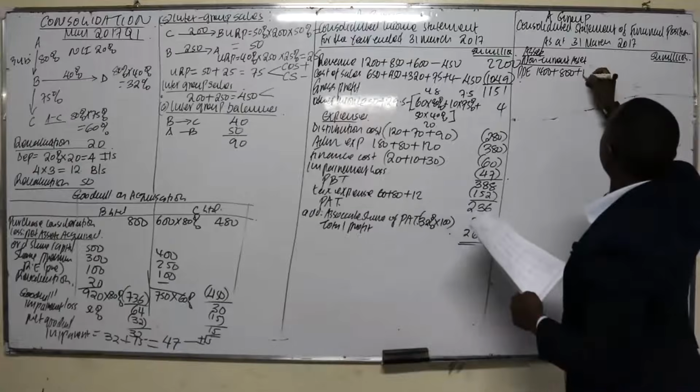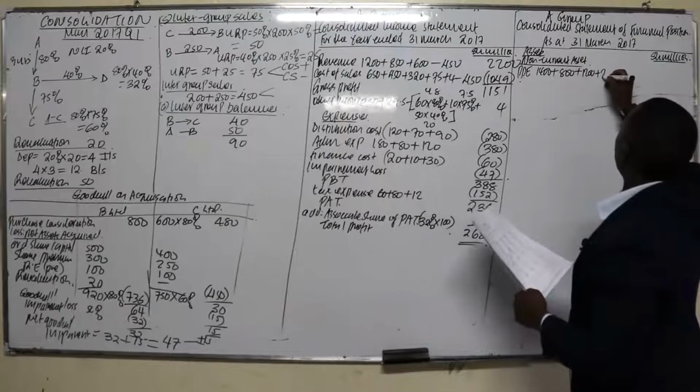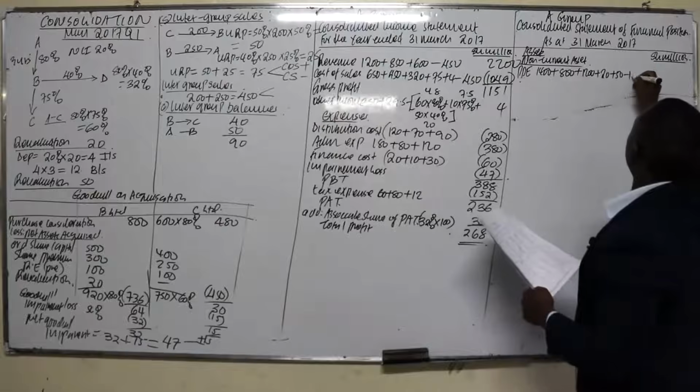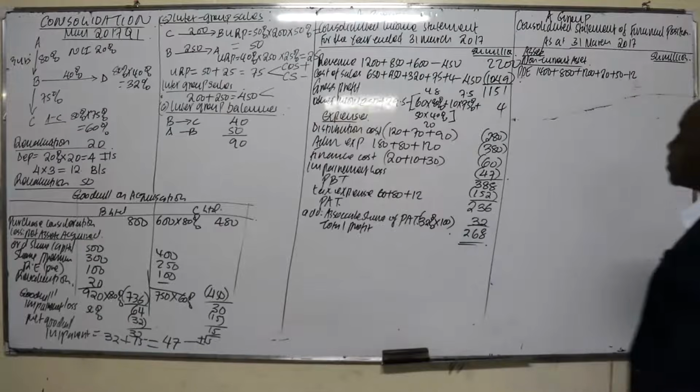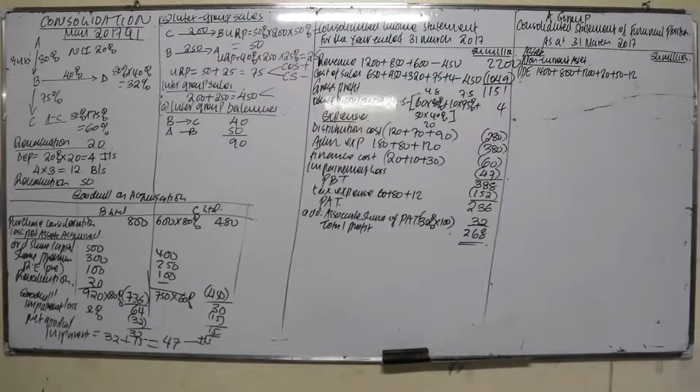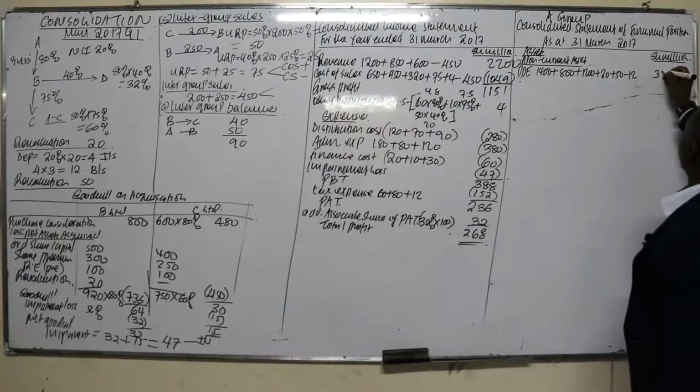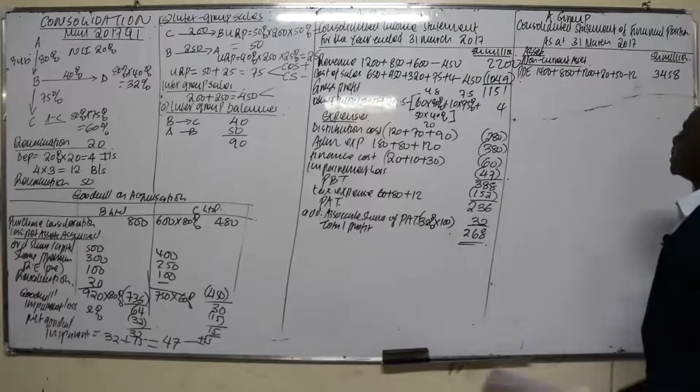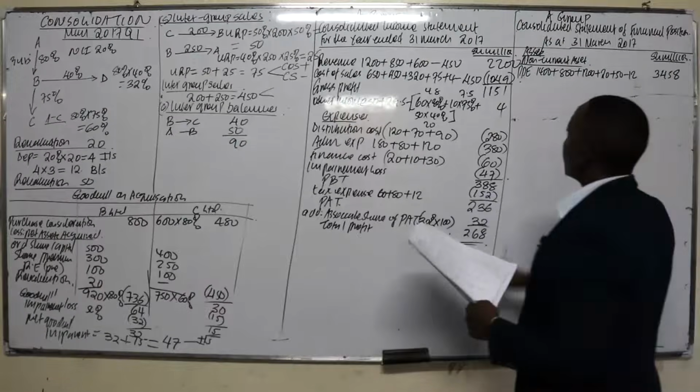You add 1,200. You add 20, you add 50, you minus 12. Give me that. That for 458. Then you also have intangible assets.